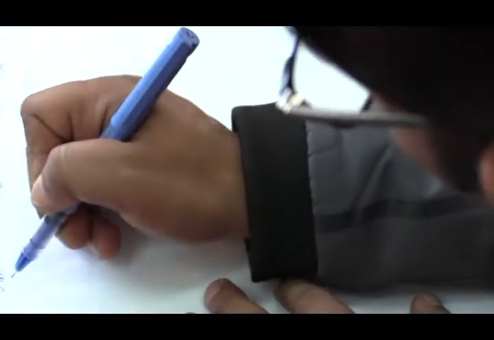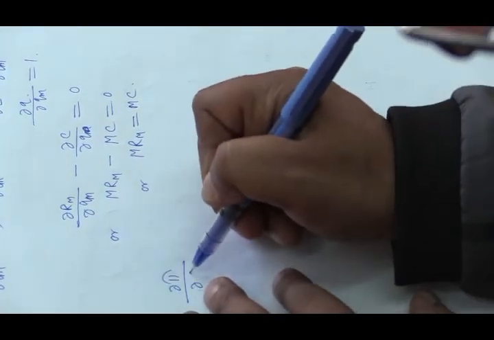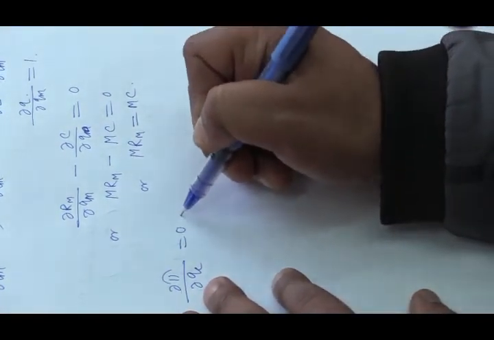Another condition for maximizing profit in the global market is del pi by del QC equals 0.